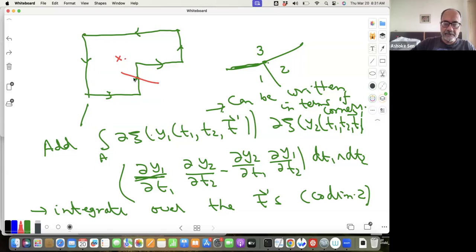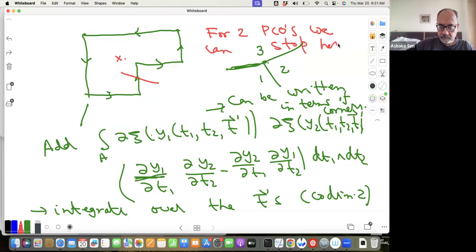And now the point is, for 2 PCOs, you can stop here. But if you have a higher number of PCOs, say 3 PCOs, you have to go one more step.